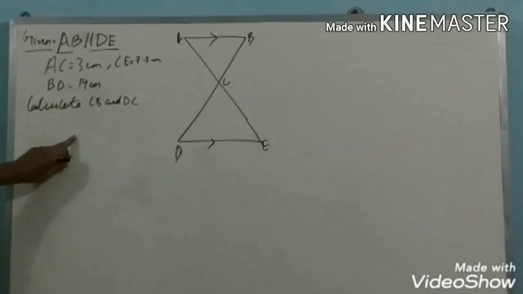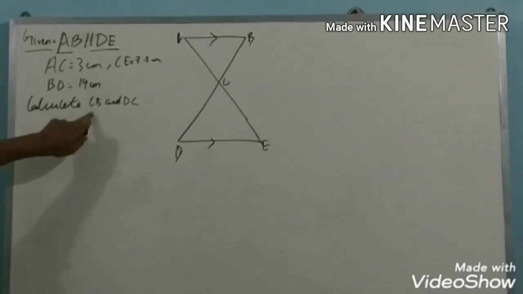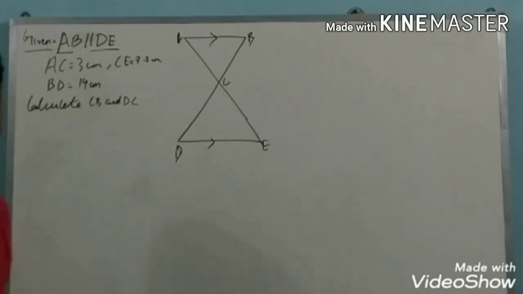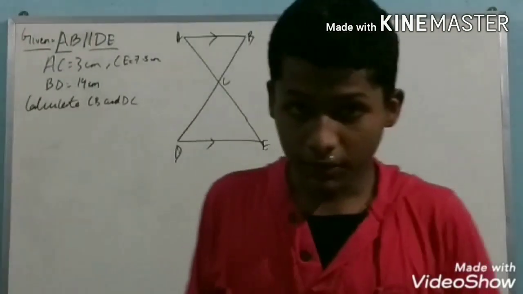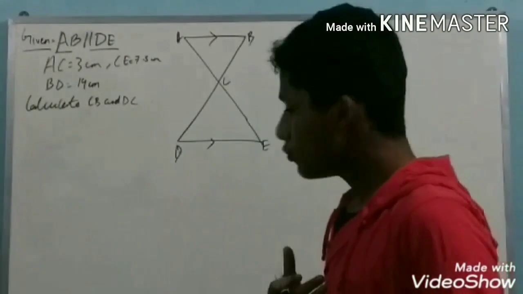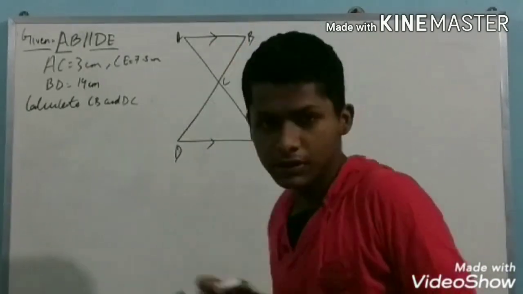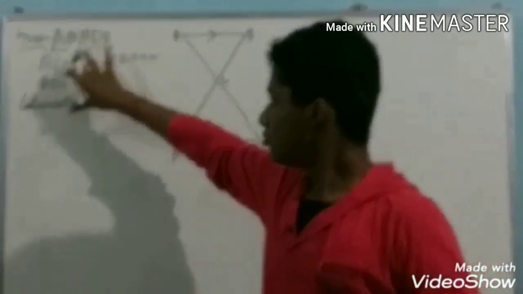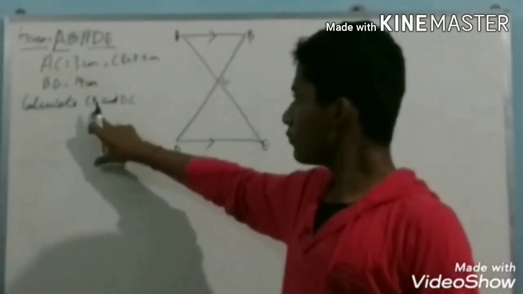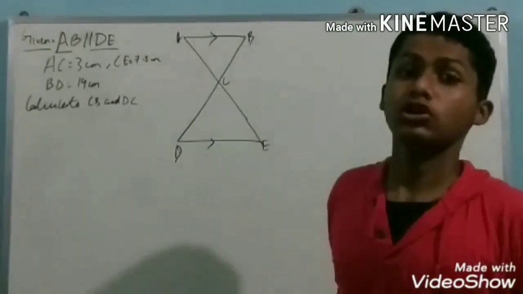It is asked to calculate CB and DC, but do we know that these two triangles are similar? In the question it is not given, so we cannot calculate CB and DC directly.